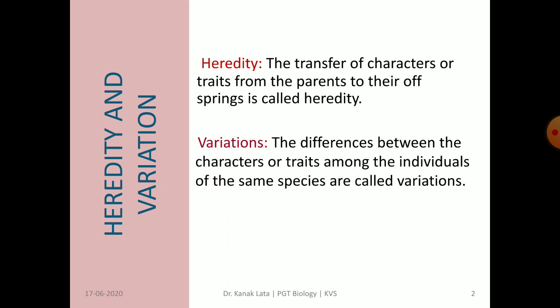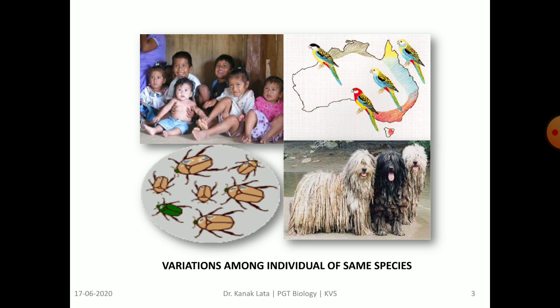So variation is an important tool for evolution. Here in the given figure, you may observe variation among the individuals of the same species. So I hope it is clear to all of you about variation by observing this figure.